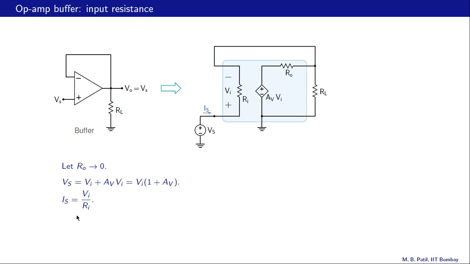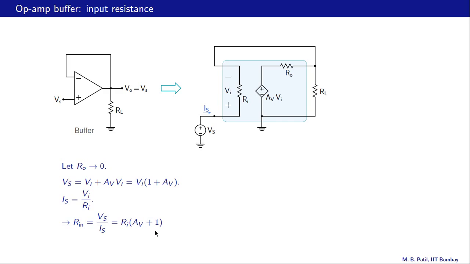What about Is? This voltage drop is Vi, and that is simply Is times Ri. So that gives us Is, Vi divided by Ri. And now all we need to do is to take the ratio Vs divided by Is. So Rin, as seen from here, is then Vs divided by Is, which is Ri times (AV plus 1).